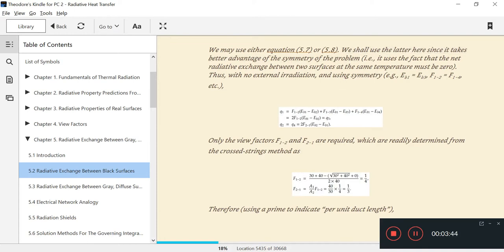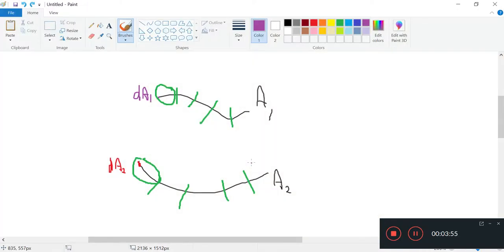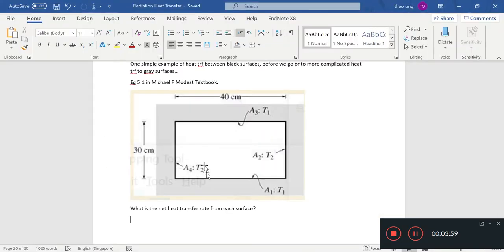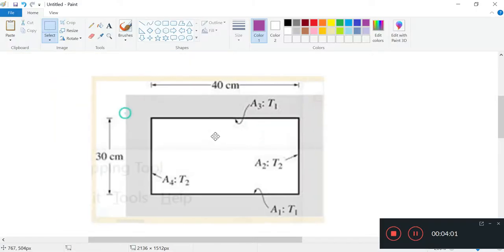That is, it uses the fact that the net heat exchange between two surfaces at the same temperature must be 0. So what is this saying? I'll quickly go through because that's pretty straightforward.